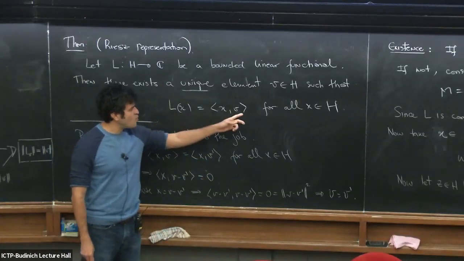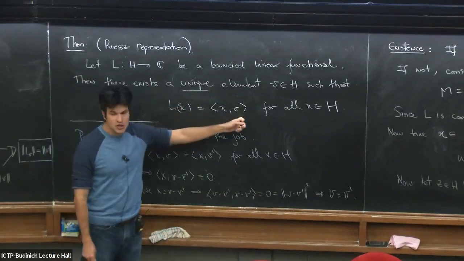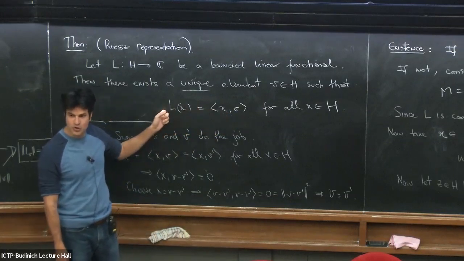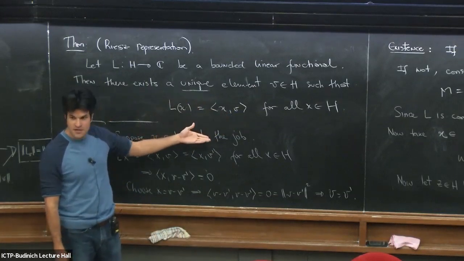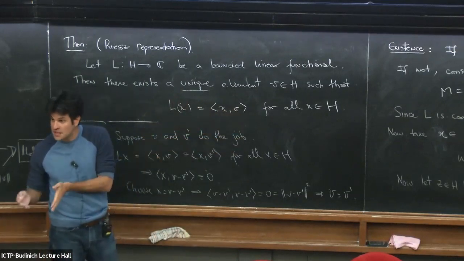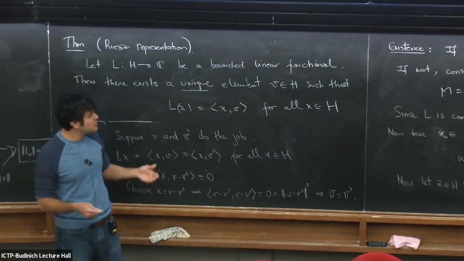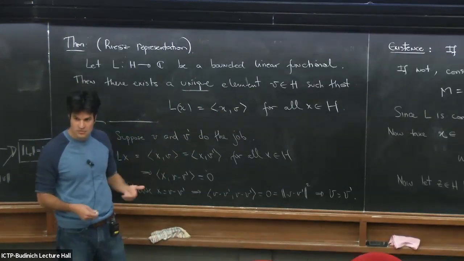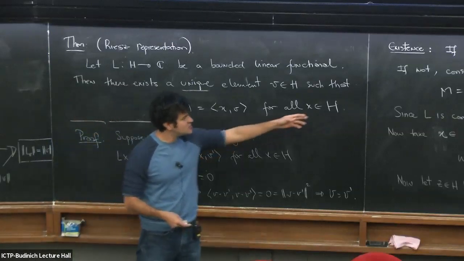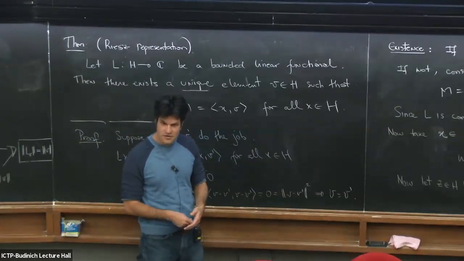If a vector V1 corresponds to the functional L1 and a vector V2 corresponds to the functional L2, from the statement it's obvious that V1 plus V2 will be associated to the functional L1 plus L2. So you end up finding a linear isometry between H and H dual. So the statement is that H star, the dual of H, is isometrically isomorphic to H. Okay.